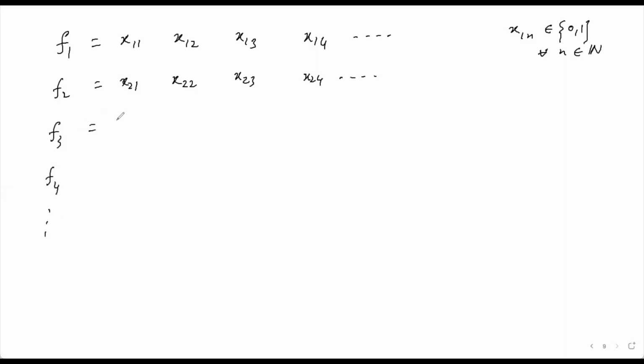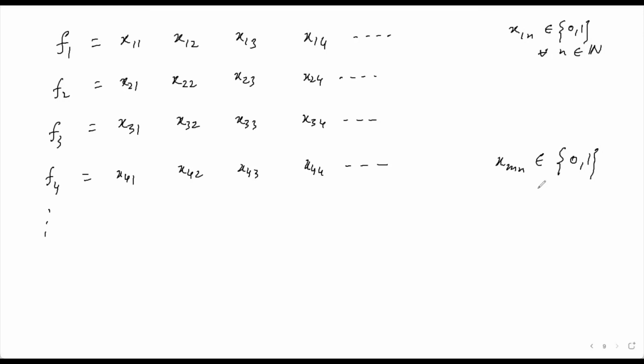So f3 is equal to x31, x32, x33, x34, and so on. f4 is equal to x41, x42, x43, x44, and so on, where xmn belongs to {0,1} for all n in the set of all naturals.